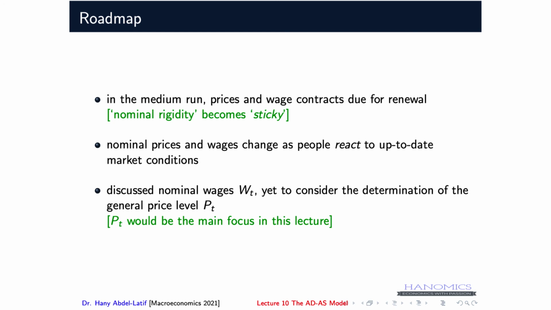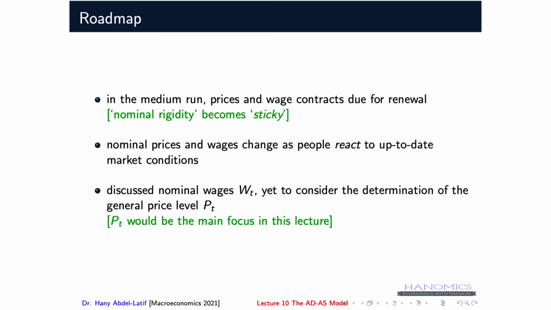Of course, in the medium run, all agents, firms, and households or workers, react according to up-to-date market conditions. Now they see how the prices are changing, and if they expect prices to rise, then, given that it is time to renew contracts, they would ask for higher wages.